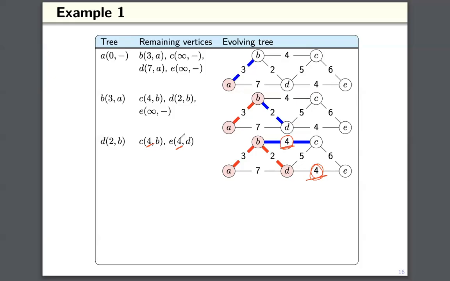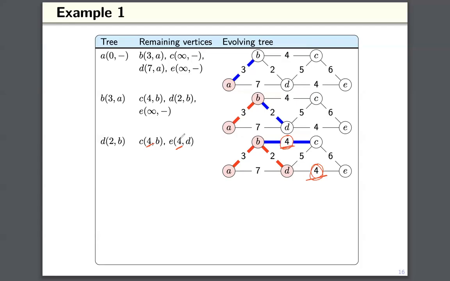So there can be multiple solutions that give you the same minimum cost. Here we are interested in just one minimum spanning tree. You could choose E also, doesn't matter. That will also give you a minimum spanning tree, but C also works.